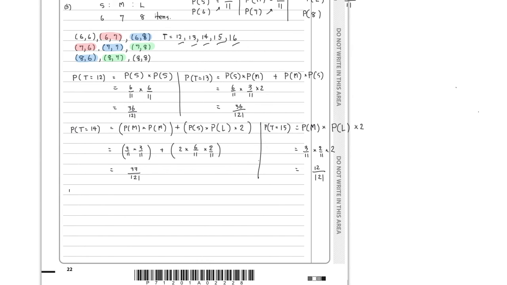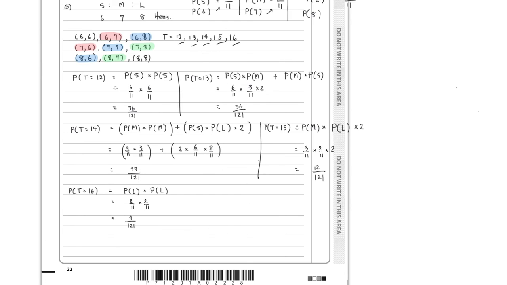And the answer is 12 over 121. Here comes the last one. Probability of T equals 16, which we have only one case, just 8 and 8. That means it is a probability of large times probability of large, which is 2 over 11 times 2 over 11. It is 4 over 121.